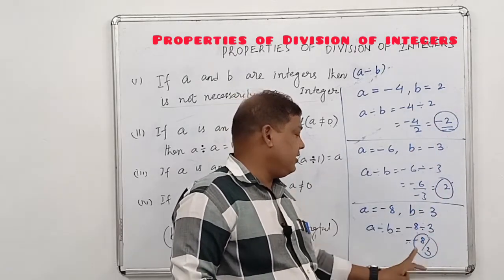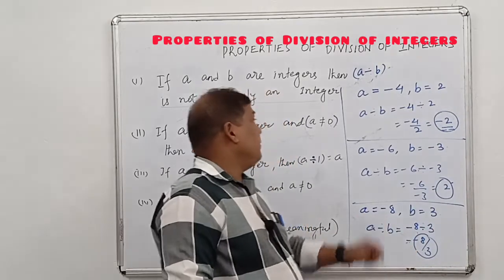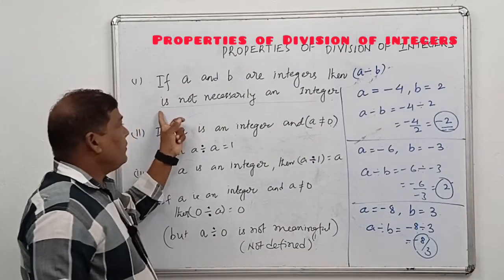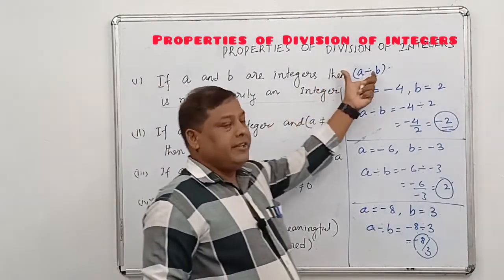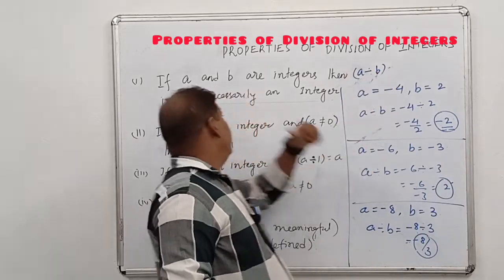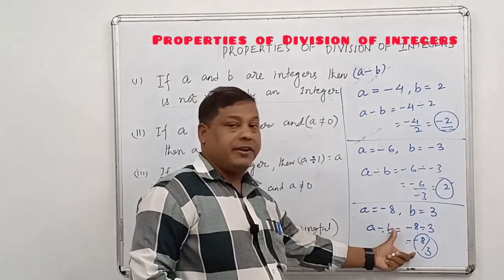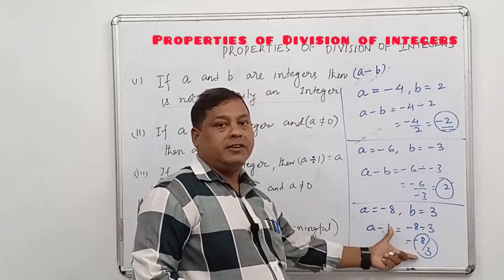Here -2 is an integer, 2 is an integer, but -8 by 3 is not an integer. It is a rational number. So when you divide a upon b, the result is not necessarily an integer. See, here -8 by 3 is not an integer.